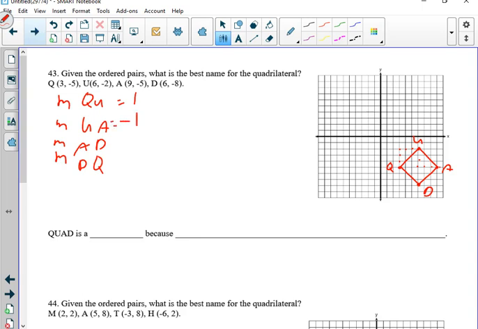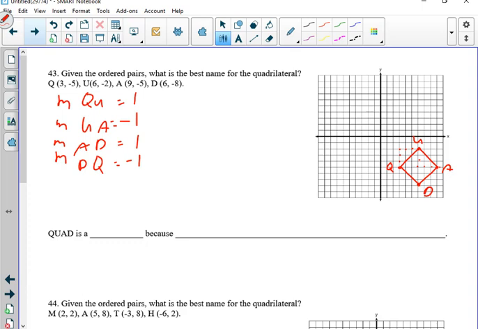A to D, 1, 2, 3, 1, 2, 3. That's down and left, which is positive 1. And D to Q, up 1, 2, 3, left 1, 2, 3. That's negative 1. So the slopes are opposite reciprocal. So I know those are perpendicular sides.